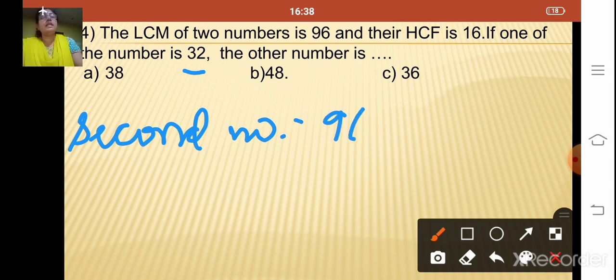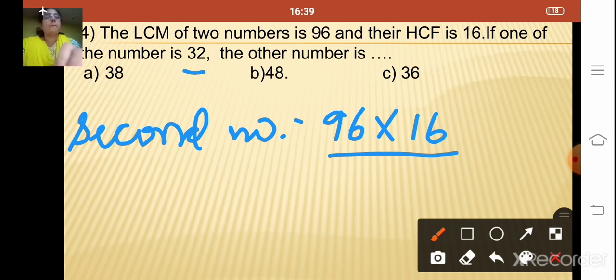That is 96 into 16, the product of the two numbers, divided by the first number. So to find the second number, HCF into LCM divided by the first number, that is 32.